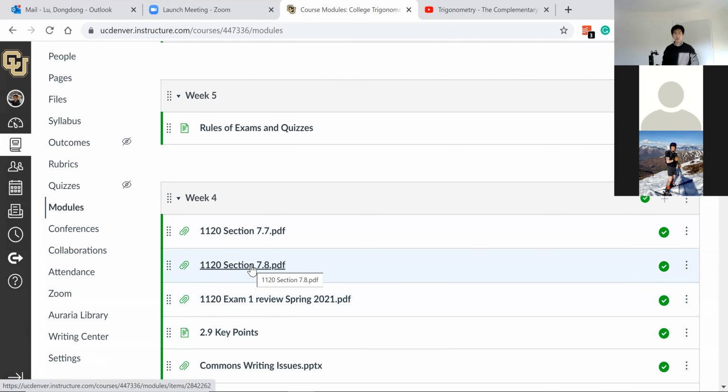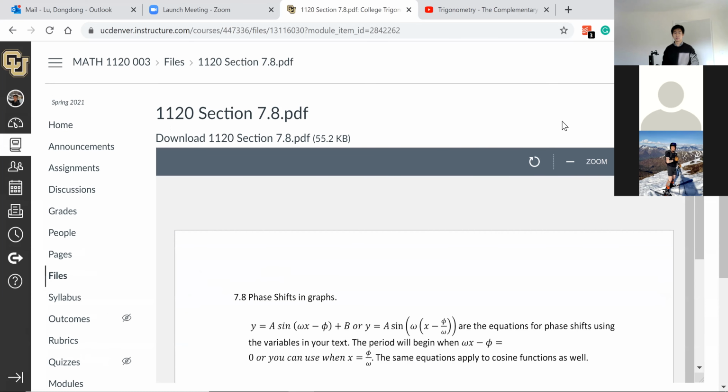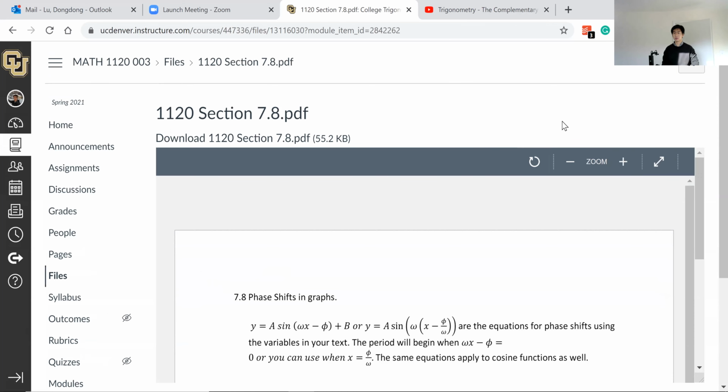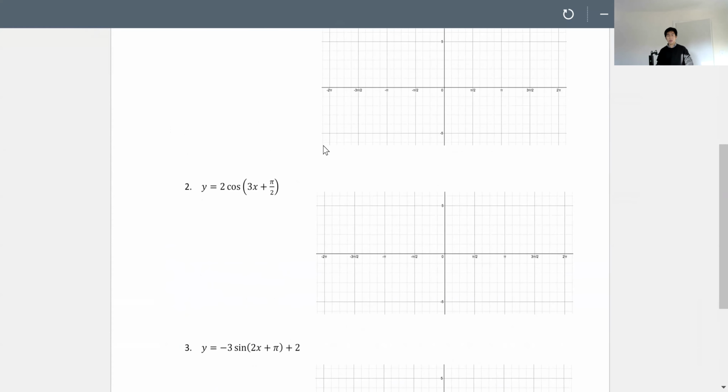The class notes can be found here. Section 7.8 is here. I'm just going to click on it and let's work on it. As you can see, today's class notes is just one page.